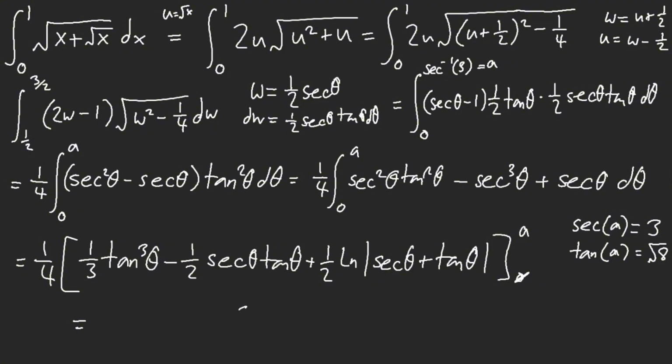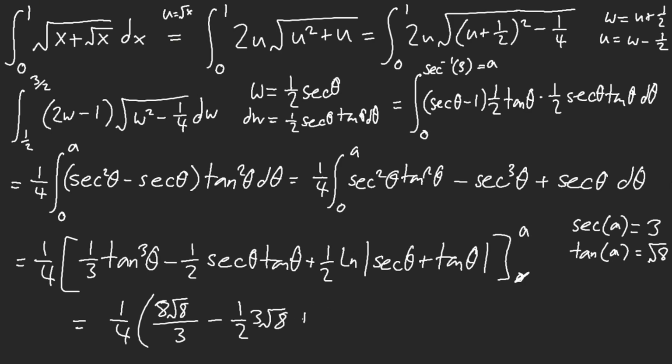You can leave it, or you can put a label as reference, and then the whole answer is 8 square root of 8 over 3 minus 1/2 of 3 root 8.